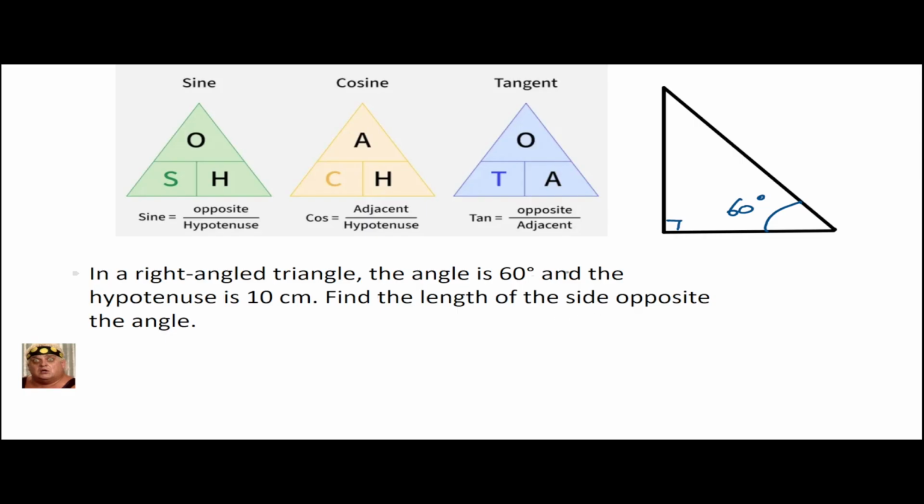And the hypotenuse is 10 centimeters. Now, just be aware, this is pretty similar to before, where the angle was 30 degrees and we needed to find the opposite side. I'm going to call it opposite now.